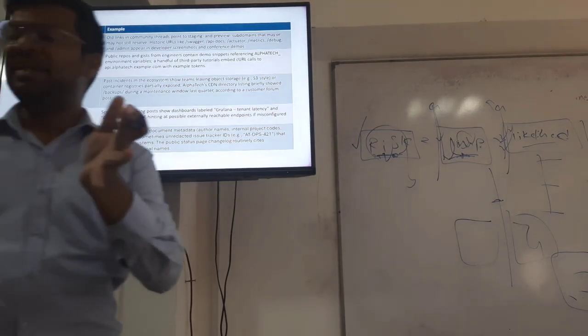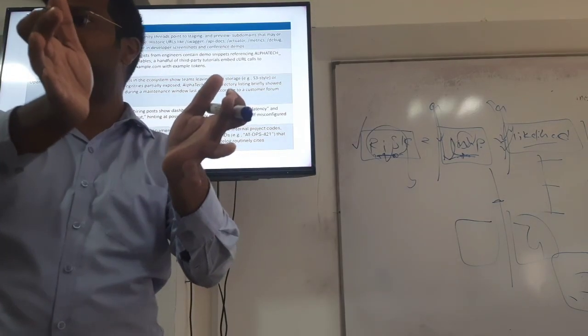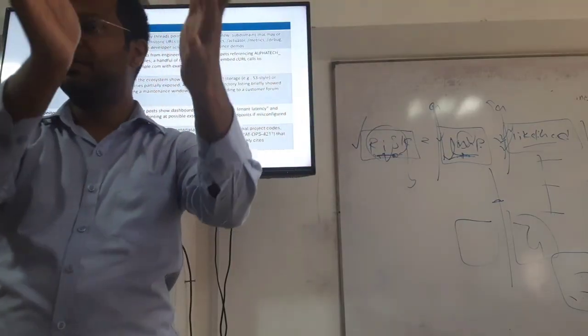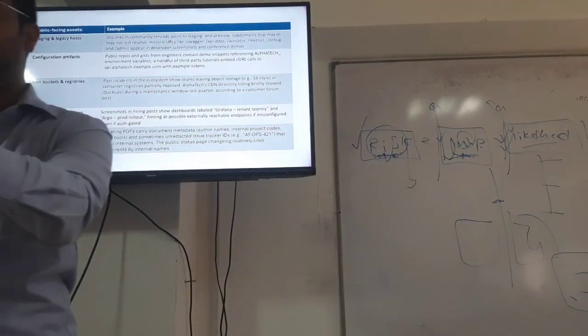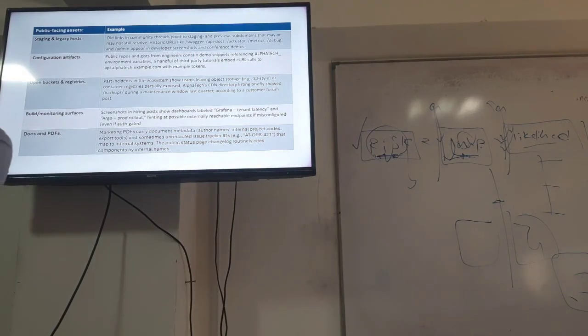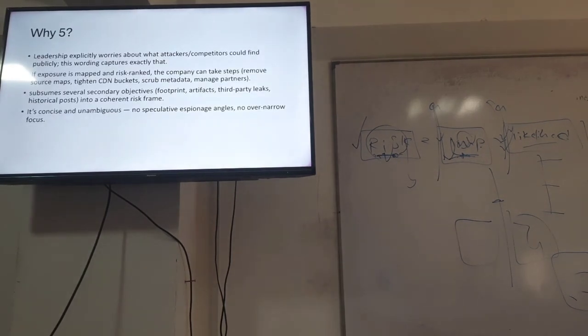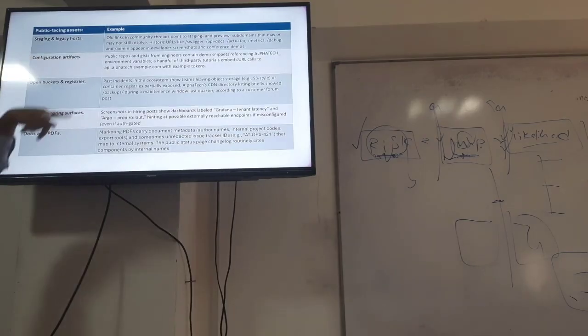There can be a massive difference between the layers, whether it's infrastructure, the software layer, the context, the business logic layer, or the documentation, PDFs, and all that. So how do you arrive at this list?